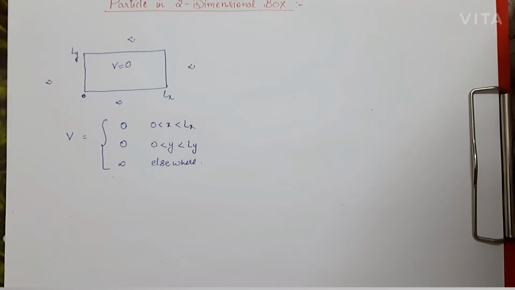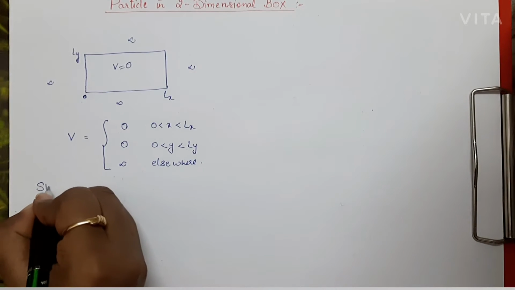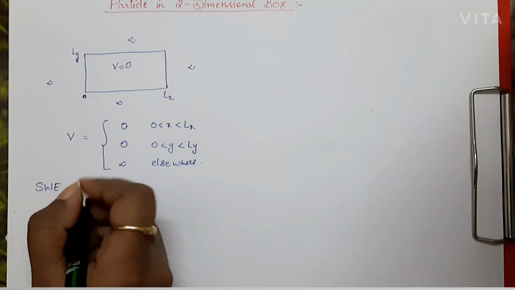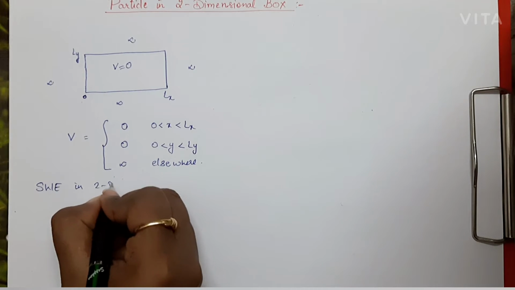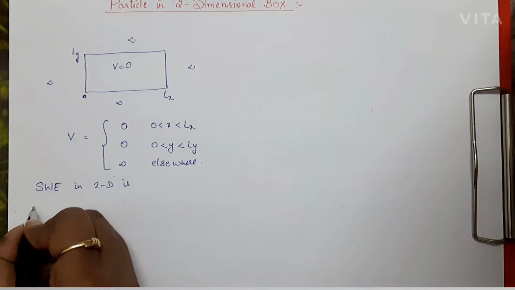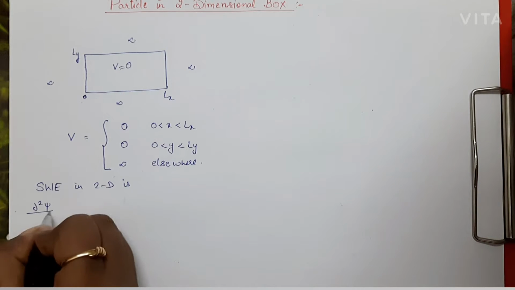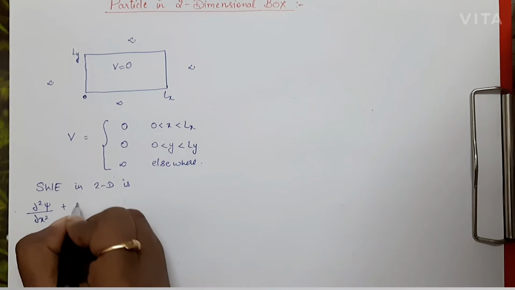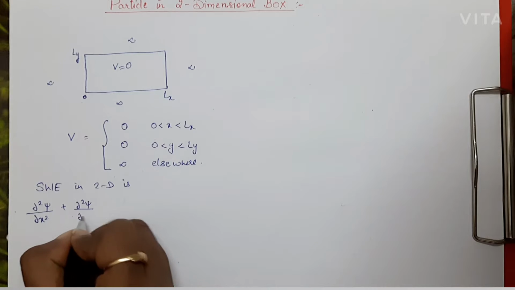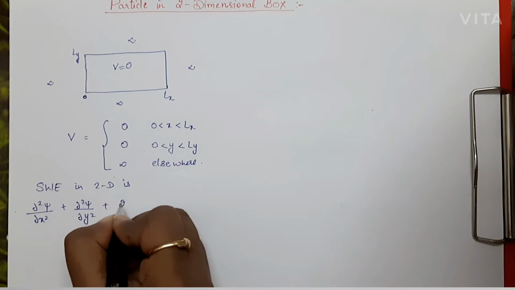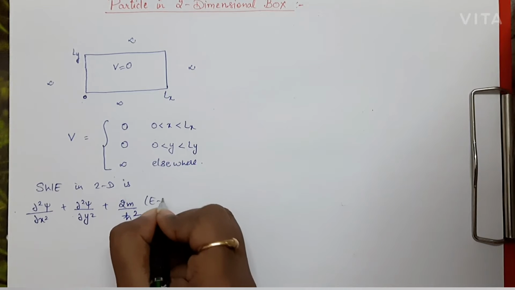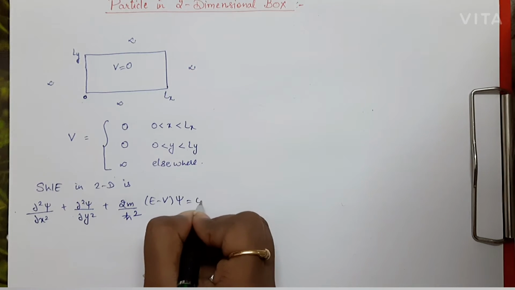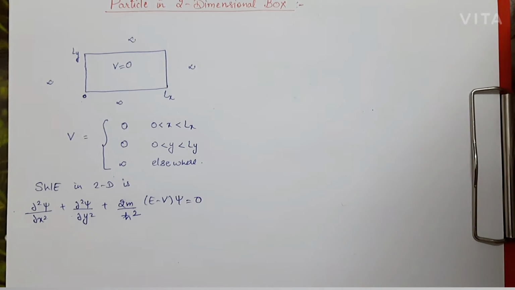Now if we want to write down the Schrodinger wave equation in two dimensions, that will be del square psi by del x square plus del square psi by del y square plus 2m by h cross square into (E minus V) into psi equals 0, right?